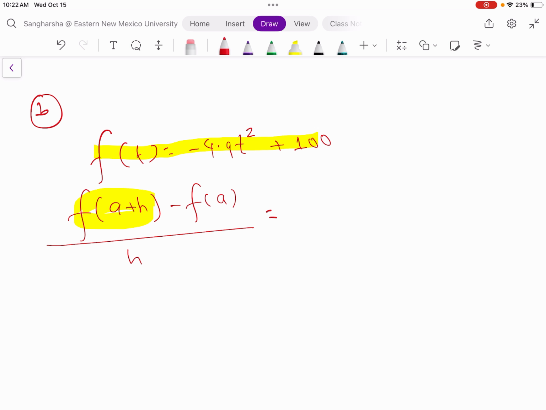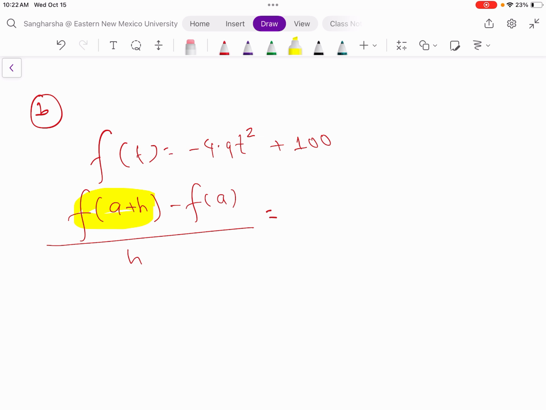We take the function f and replace every t by whatever we have in the parenthesis, a plus h.